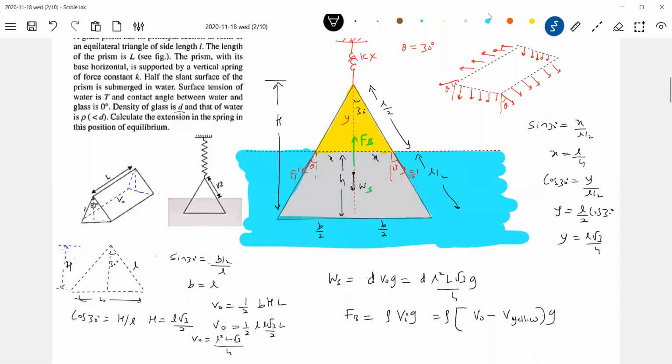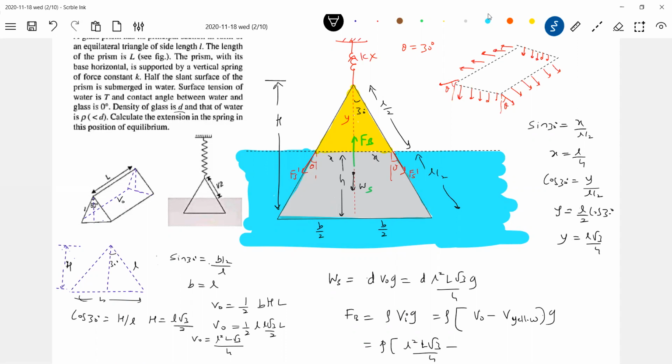First, V naught we know: rho V immersed. V naught is L square into L root 3 by 4, minus the volume of yellow color. Again, what is the volume of the prism?